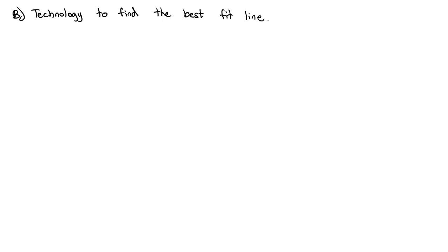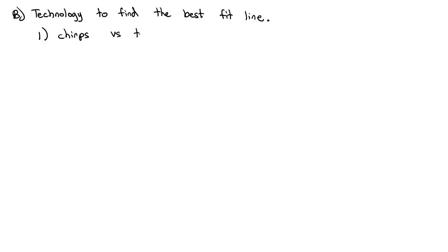And the math equation behind this is probably more complex than we need to go into in the scope of this course. But what I do want to show you is we can use some technology and interpret the results of this analysis. Let's say I want to know if there's a relationship between the temperature outside and the number of chirps we hear from a cricket.